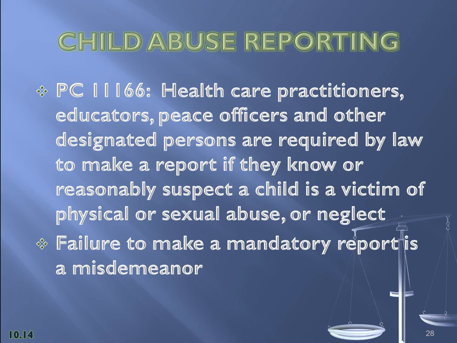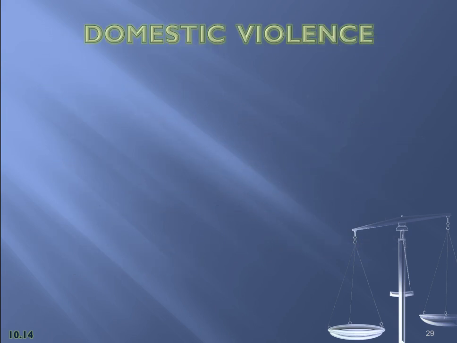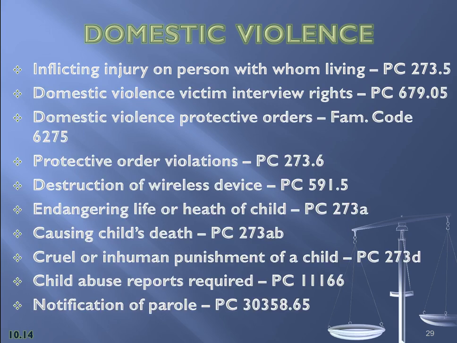And failure to make a mandatory report is in fact a misdemeanor. And again, there are a lot of other sections that fall underneath the domestic violence area, each with their own code section, and you can look at those at your leisure.